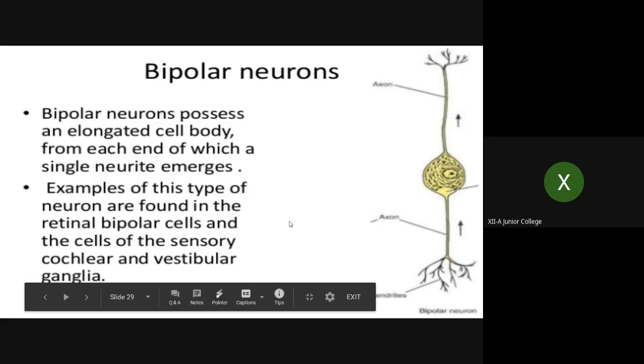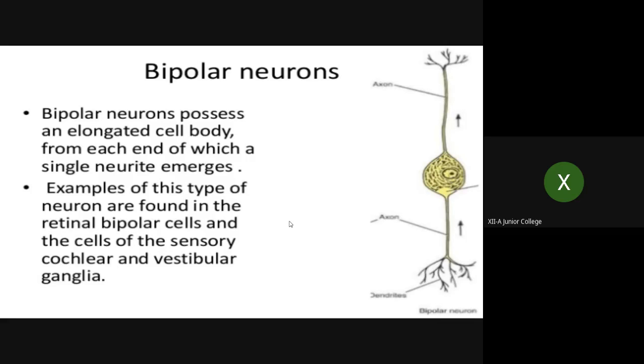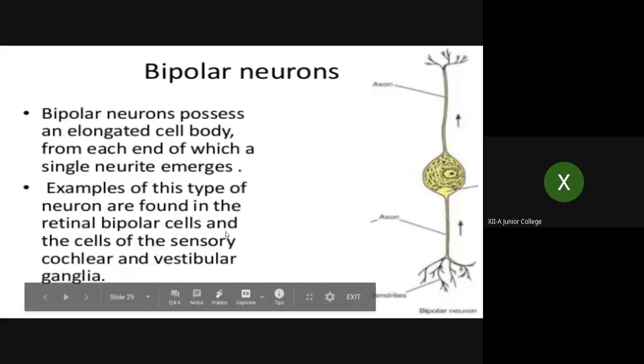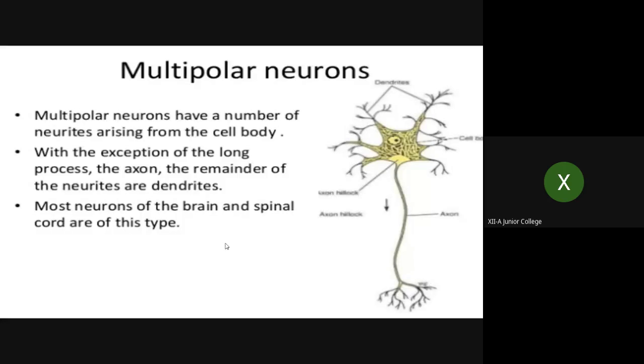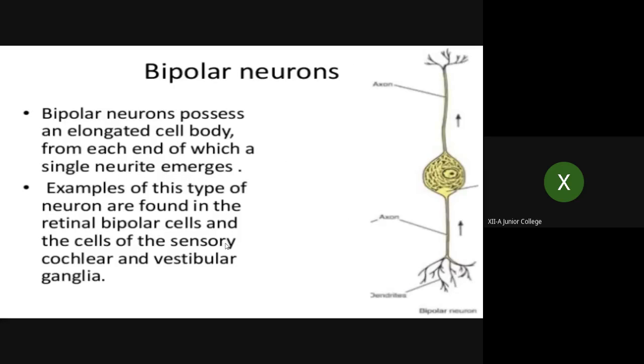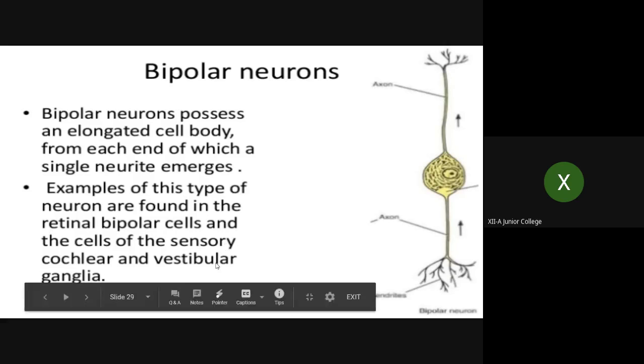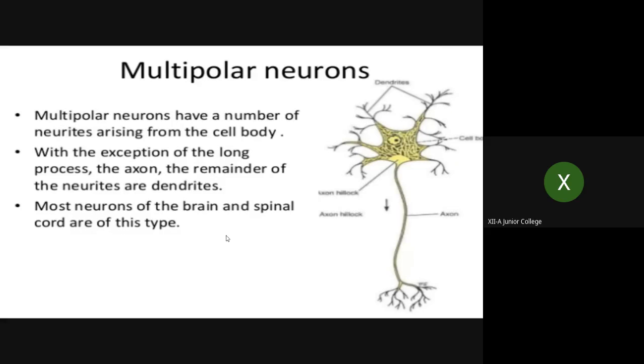If you remember the word cochlea, it is related to the sense organ. Have you heard of cochlear transplantation and all? That is related to the auditory nerve. Auditory means ear. So in the eyes and ears, bipolar type neurons are present at the particular places mentioned.